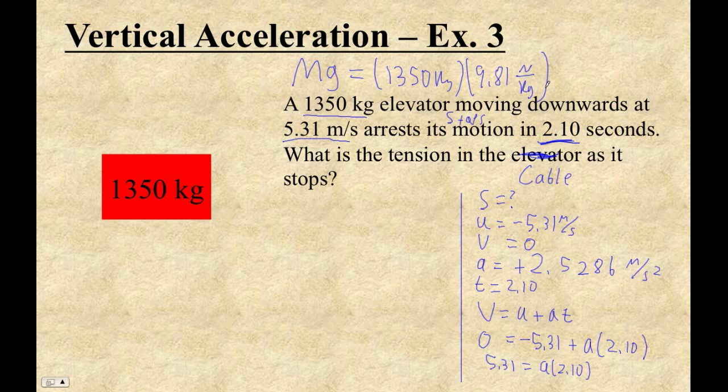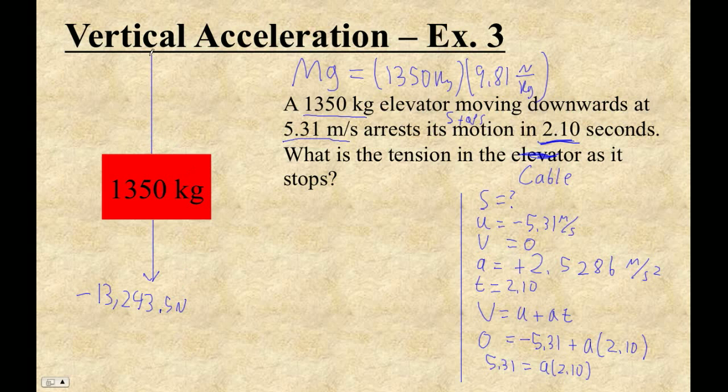I'm going to store that in W for weight. And that force is 13,243 newtons. So that's this force down. Let's draw a little arrow. That is negative 13,243.5 newtons.